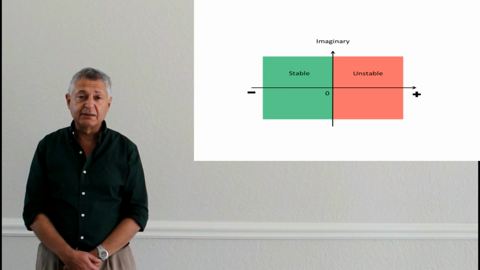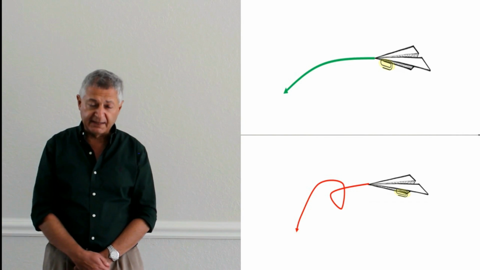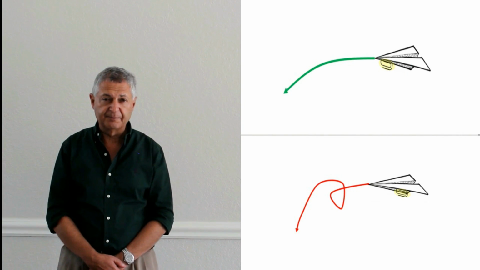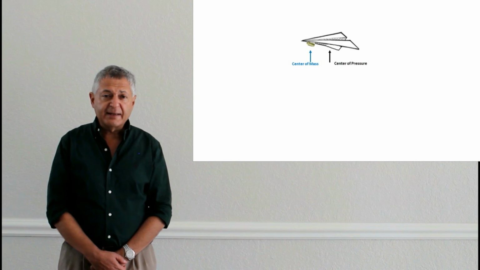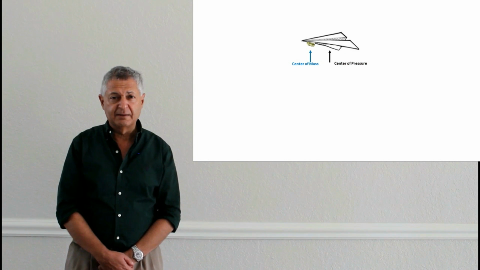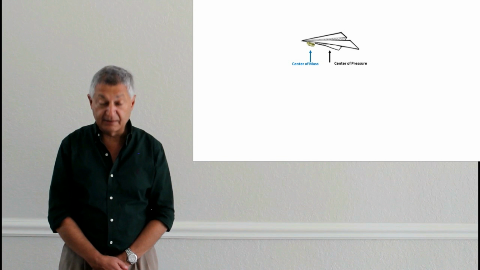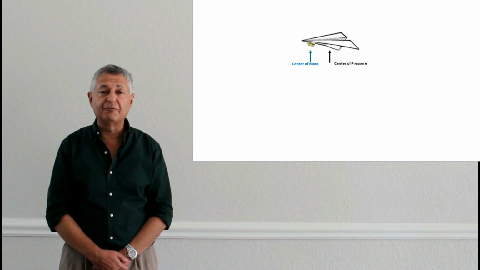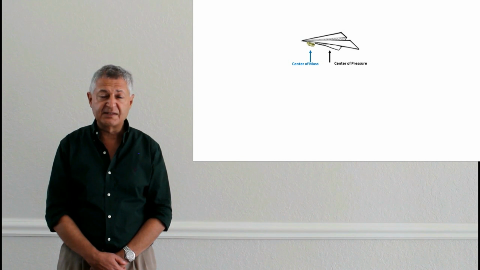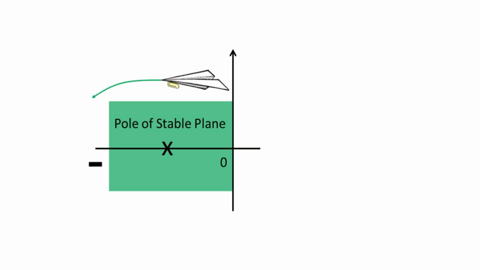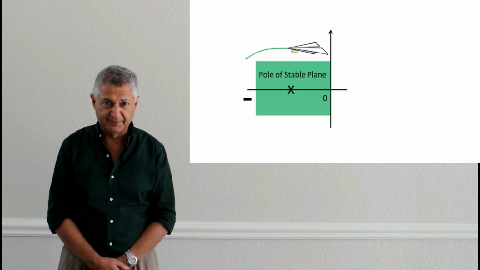Let's now try to relate it to the airplane, qualitatively. Again, only qualitatively. When the mass of the airplane was in front, the center of mass was in front of the center of pressure, the system was stable. We can say that all the poles of this particular system were in the left-hand side of the S-plane, in the green part.